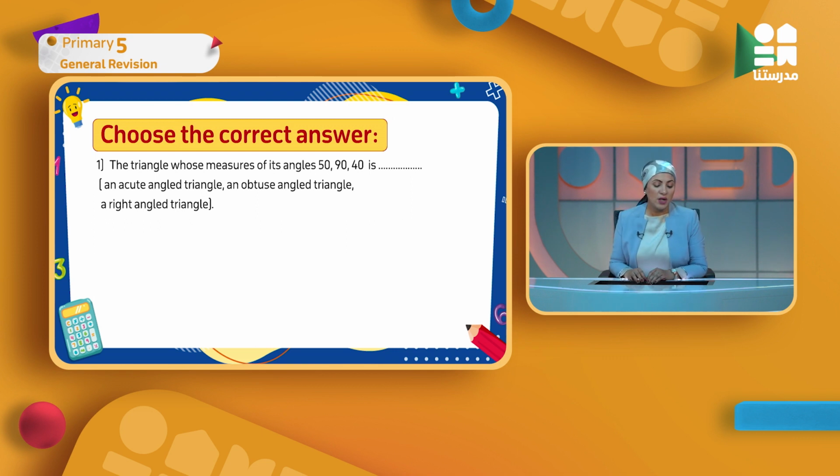Okay? So here the measures of my angles are 50 degrees, 90 degrees, and 40 degrees. What do we notice here? We will move angle by angle. The first one is 50 degrees. It's an acute angle. The second one is a 90 degrees angle.